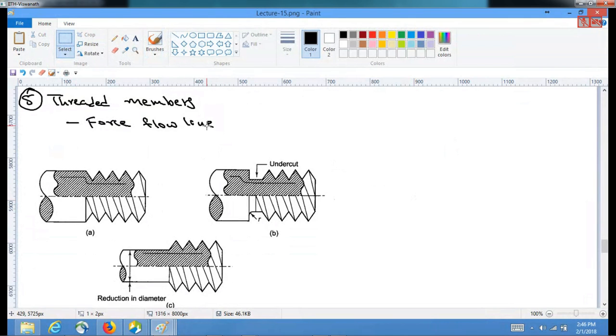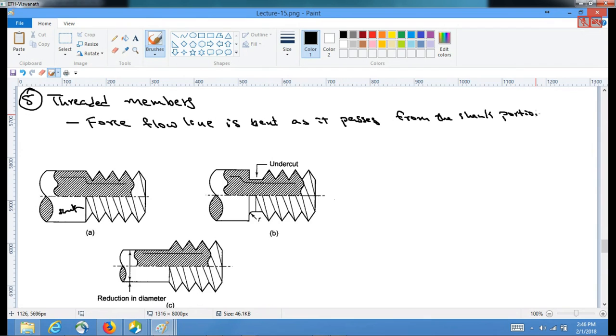So in this threaded member, the force flow line is bent as it passes from the shank portion to the threaded portion, like this. It would deflect in this manner.